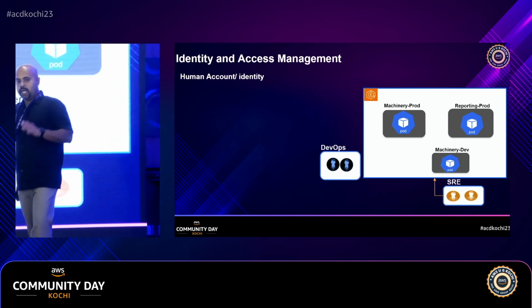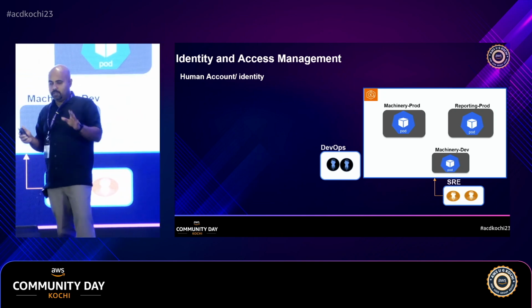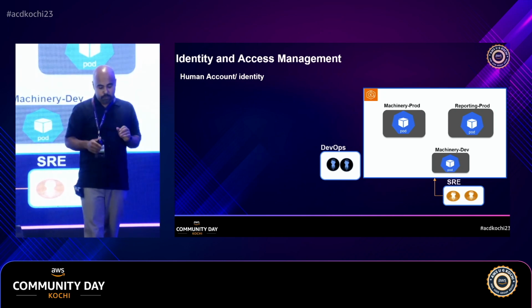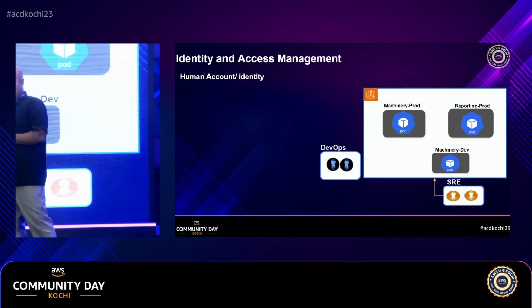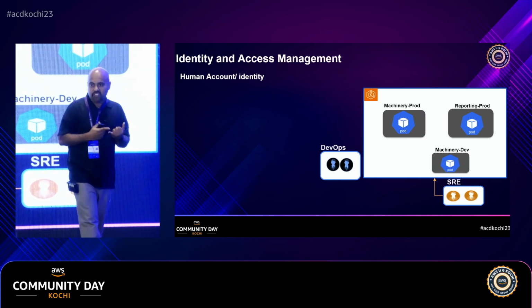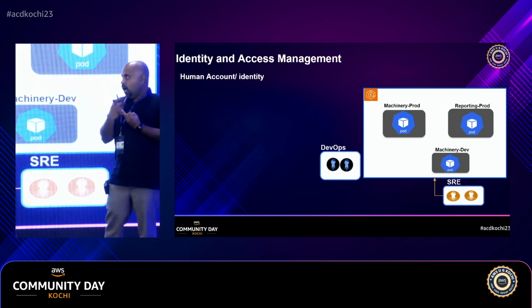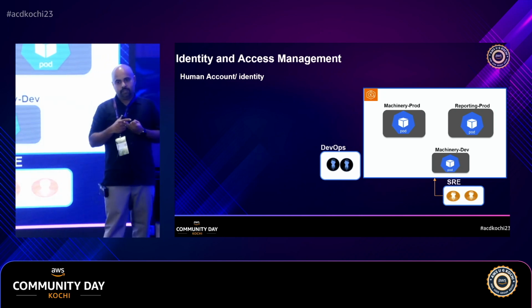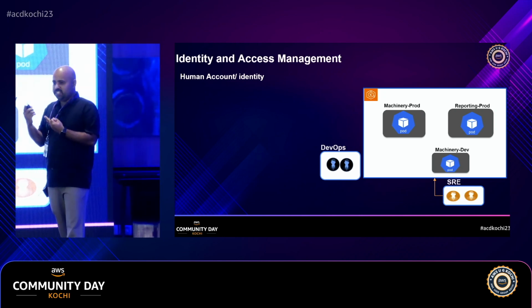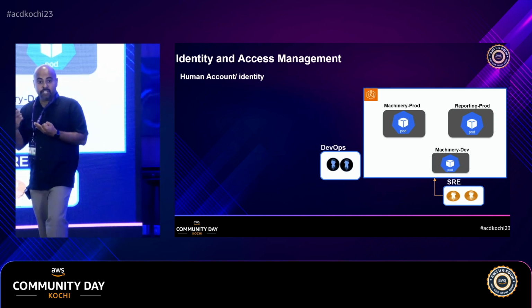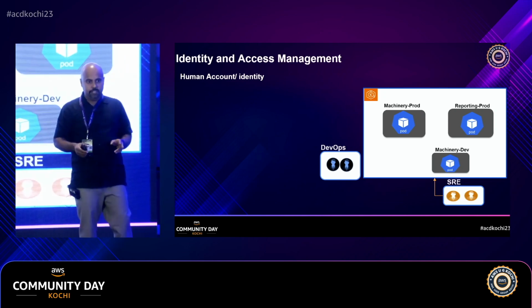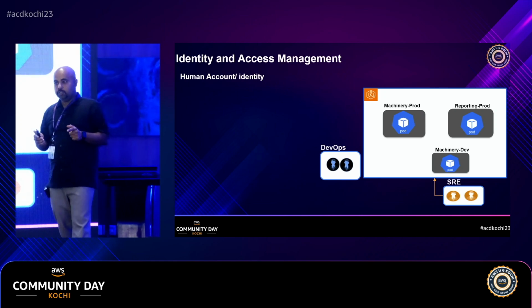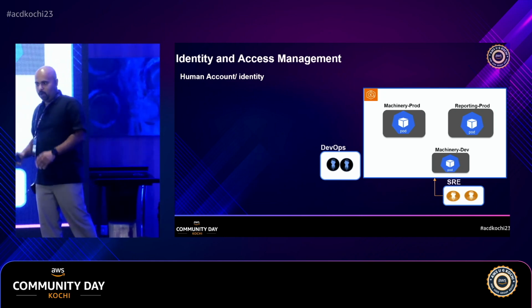Every user had individual user accounts, and they were given the principle of least privilege. They were given access to S3, to Aurora being the database, and to ECR. But they were never given access to other services they were not supposed to have.